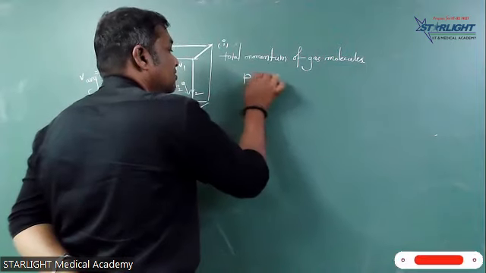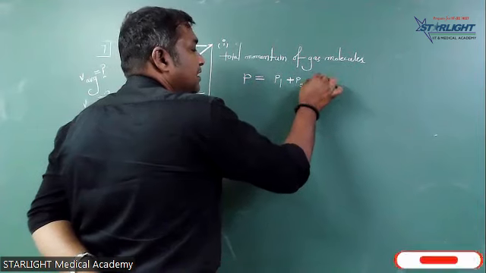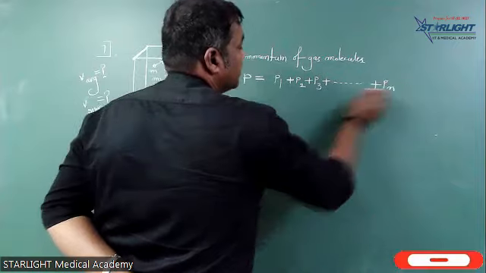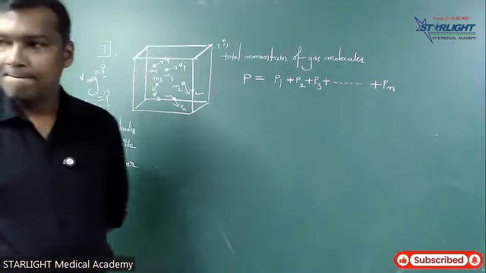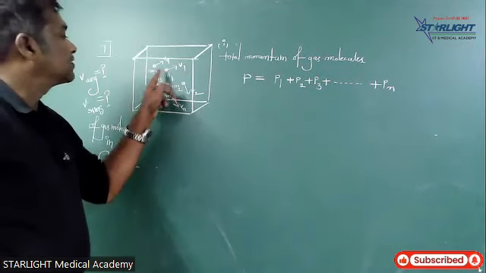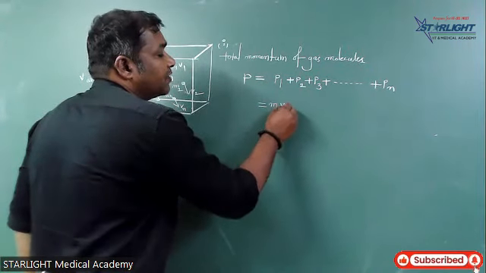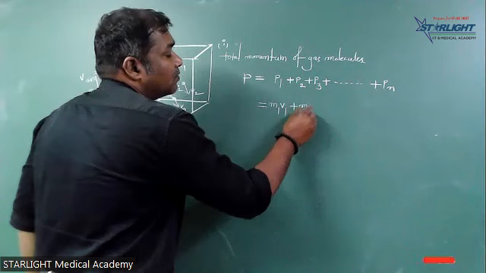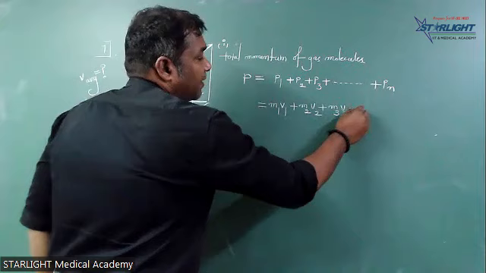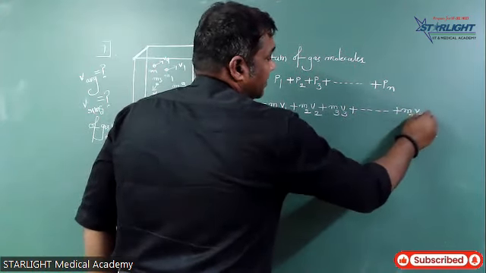P is equal to P1, one gas molecule momentum, plus P2, P3, and so on, plus Pn. P means momentum. What about the momentum of the first gas molecule? M1 V1 plus M2 V2 plus M3 V3 and so on, plus Mn Vn.